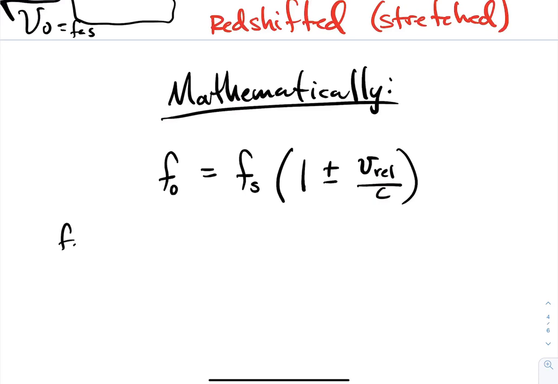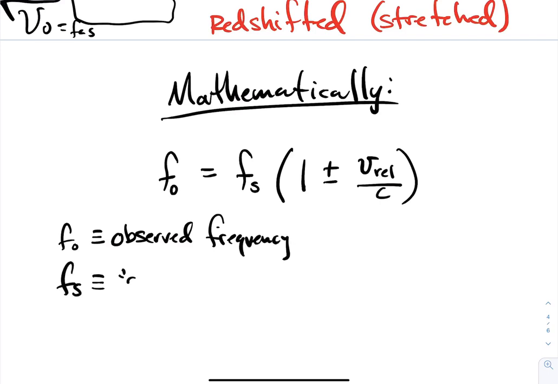So we'll say F sub O is our observed frequency. We know that F sub S is our source frequency, but we could also note that that's just the emitted frequency.